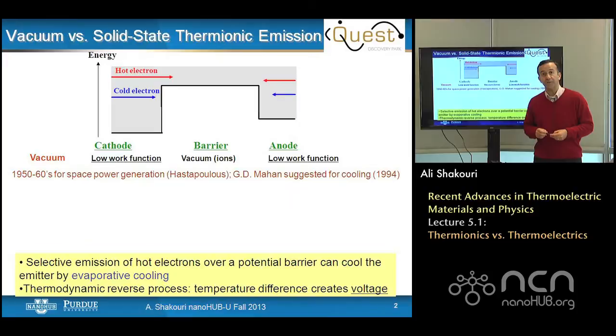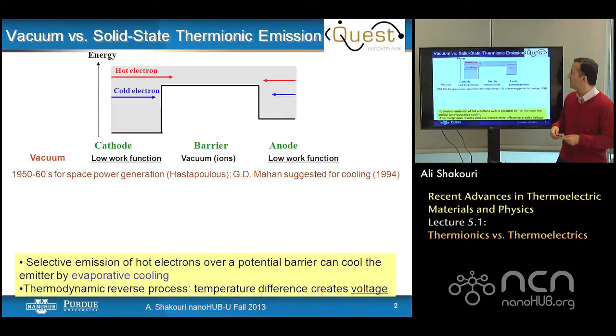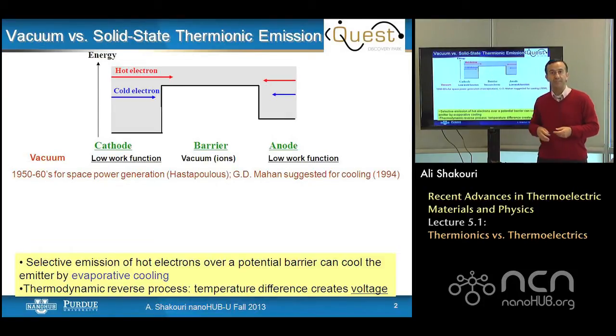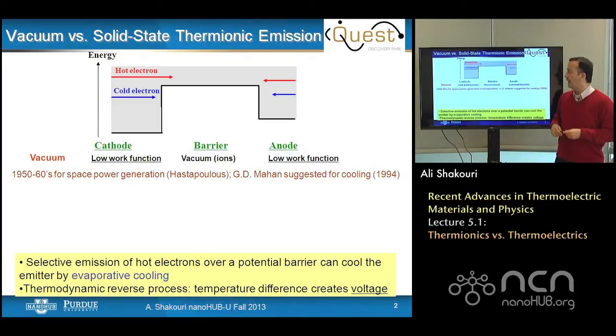This is something you heard in week 2 in Mark Lundstrom's lectures when you were discussing thermoelectric effects in short leg devices. There are different ways to introduce the problem. Today I want to introduce it with an analogy of something very different, which is vacuum thermionic emission.